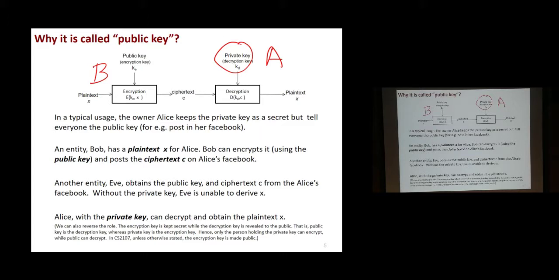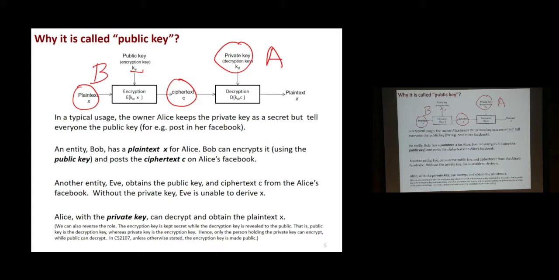So now let's assume Bob somehow gets the public key. Bob knows Alice's public key. So Bob has some message to send to Alice. What would Bob do? Bob will encrypt the plaintext, this message, using Alice's public key, get the ciphertext, and then this ciphertext is posted on Alice's Facebook.